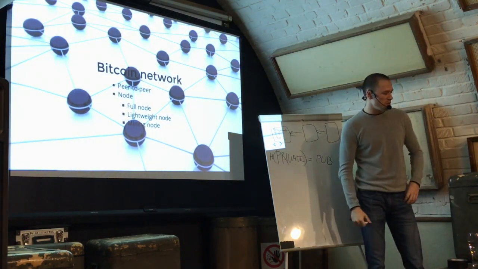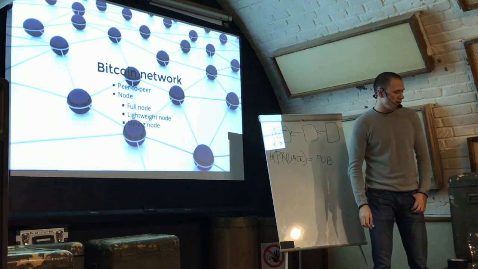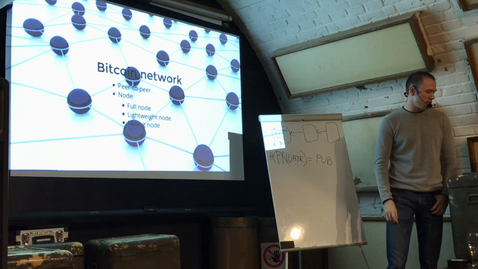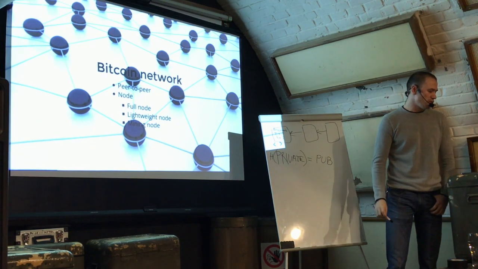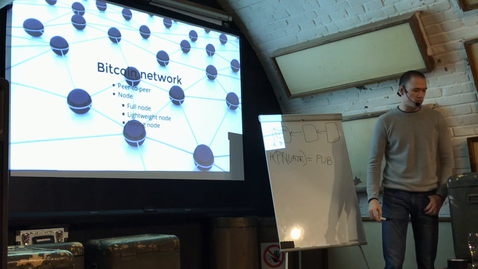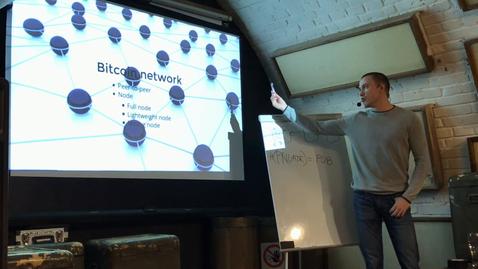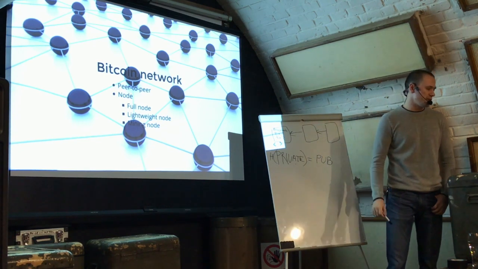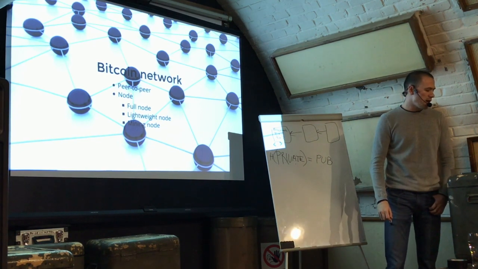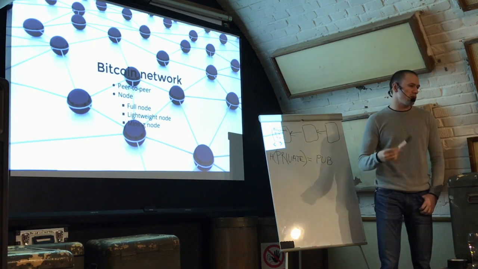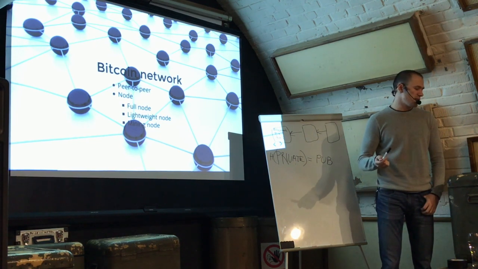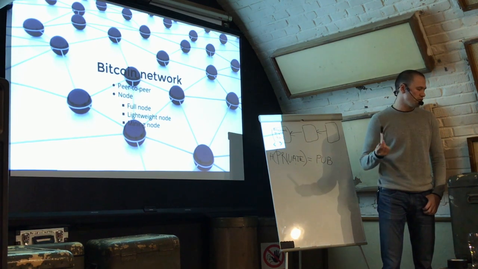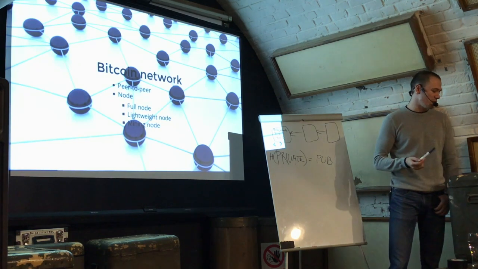What is Bitcoin network? Bitcoin network is a peer-to-peer digital network that sends those transactions. It is consisted of nodes. A node is basically a computer or a device in this network, and that actually sends and resends those transactions, validates them, and so on. You will see in a couple of minutes.